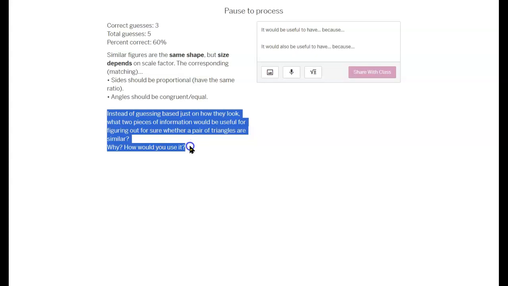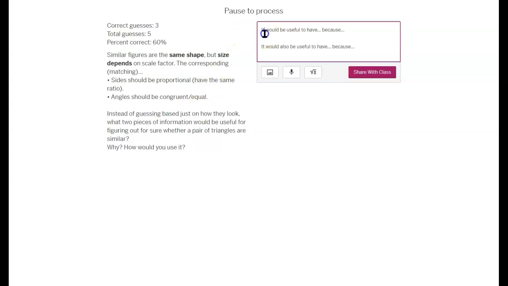So these are the questions that you're going to answer. If guessing based just on how they look, what two pieces of information would be useful for figuring out for sure whether a pair of triangles are similar? And why? How do you use it?